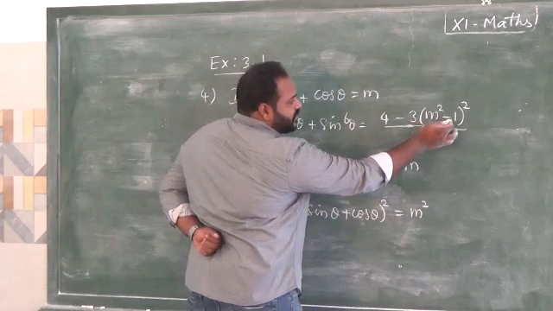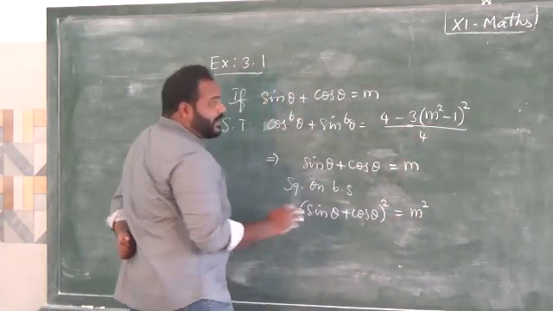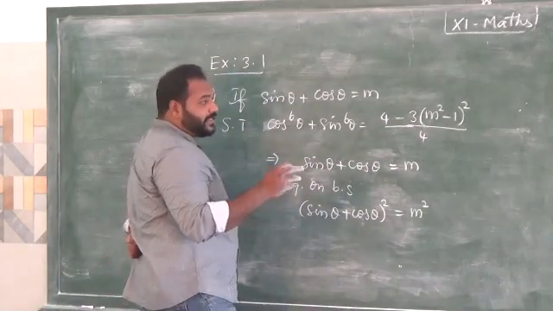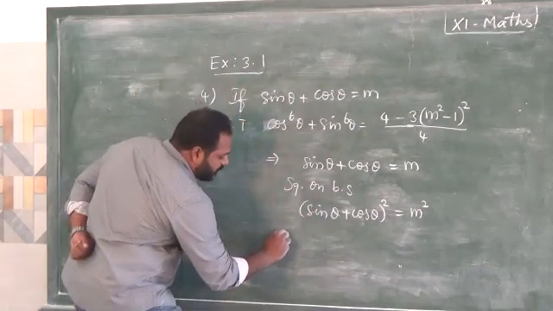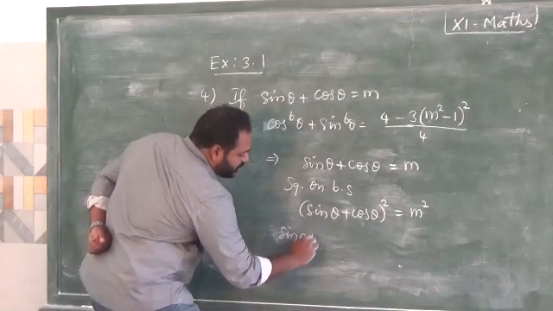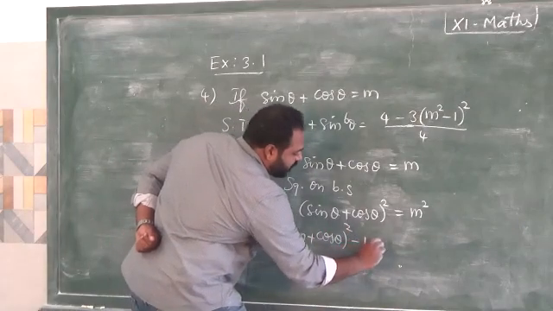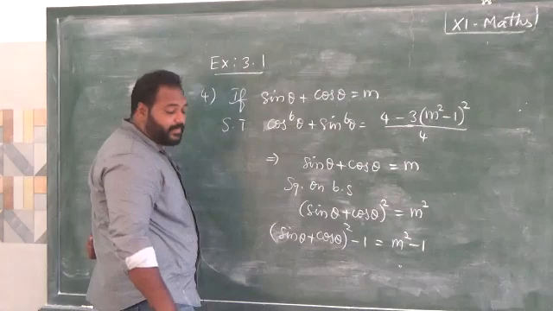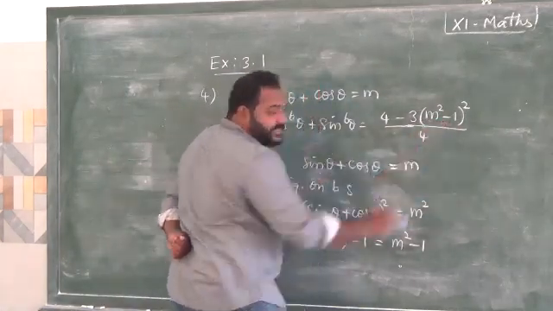Next we have m square minus 1, so I am going to put minus 1 on the left hand side as well as the right hand side, because then only it will not affect the equation. So (sin theta plus cos theta) whole square minus 1 equals m square minus 1.